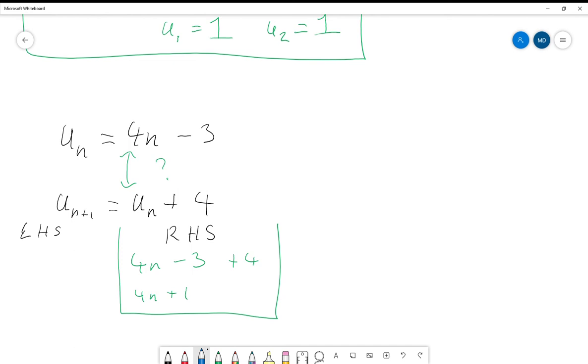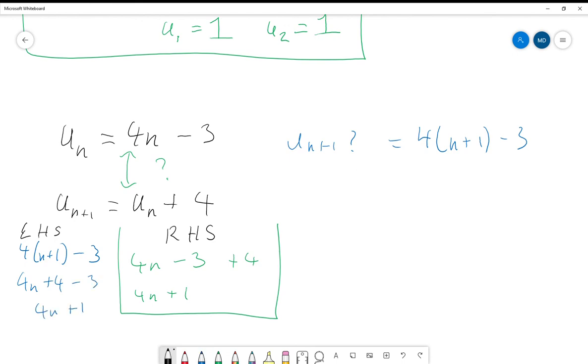On the left-hand side, we're dealing with something different. What is Un+1? Well, it's going to be Un, but with n+1 instead of n. So that's going to be 4 lots of n+1, minus 3. Let's expand that out. We get 4n+4-3, which is absolutely 4n+1.